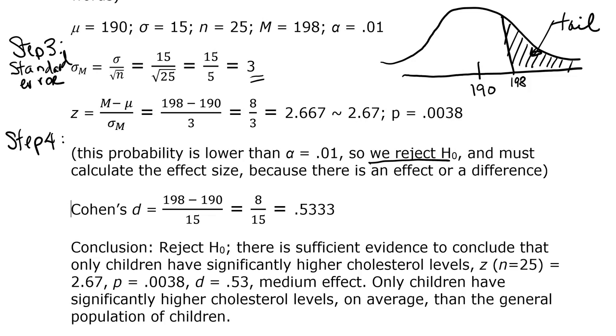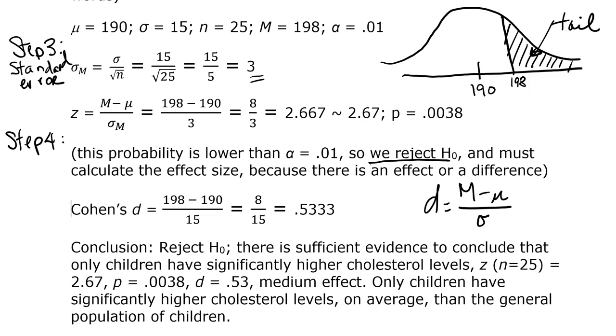So we're going to do Cohen's d. If you remember Cohen's d, d is equal to M minus mu divided by sigma. So it's 198 minus 190 divided by 15. So 8 divided by 15, which gives us a d equal to 0.5333.